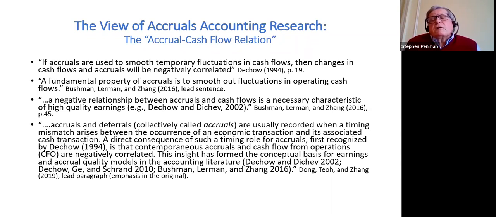So this has taken on a life of its own: this negative correlation is a characterization of quality accruals. The higher the negative correlation, the higher the quality of the accruals. And there's another quote there from a more recent paper that I'll leave you to look at.